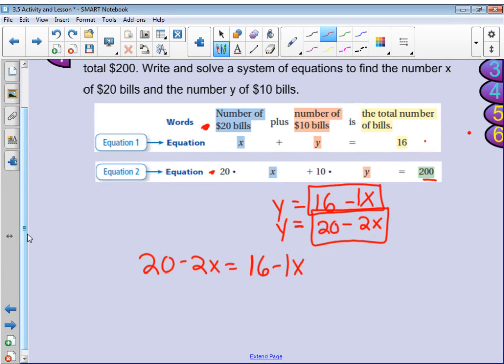Okay, so we're going to move one of our X's. I'm going to go ahead and move this negative 2X, so plus 2X. Plus 2X. So we get negative 1 plus 2X is going to give me 1X, and that's a positive. We still have 16. And on this side I have 20.